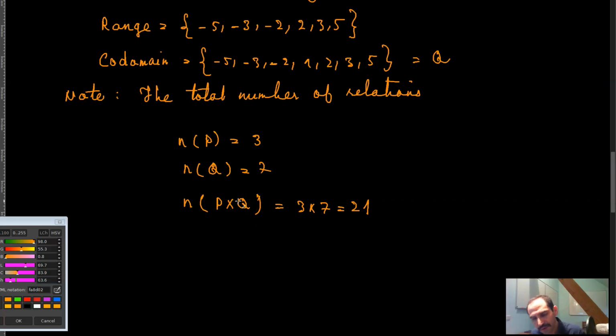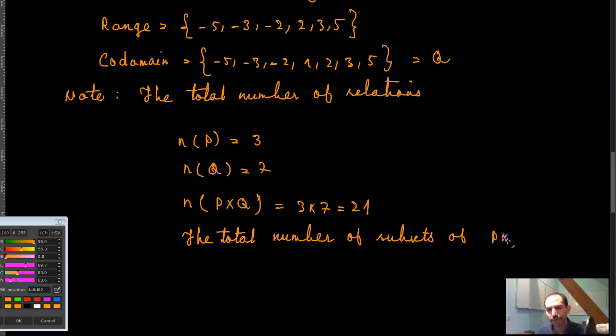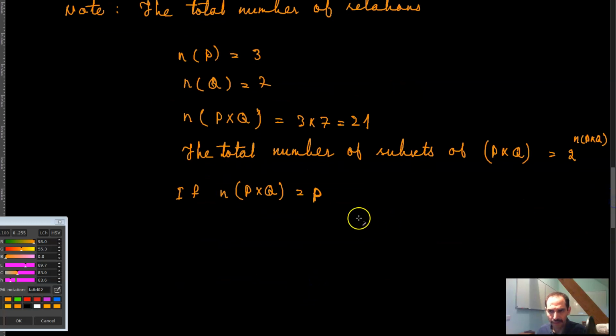And we talked about this before, meaning that, or to make it simpler, you can say that the total number of subsets of P times Q is simply equal to 2 raised to the power n of P times Q. Meaning that if I take n of P times Q as, for example, some number p, then basically this would be equal to 2 raised to the power p, right?